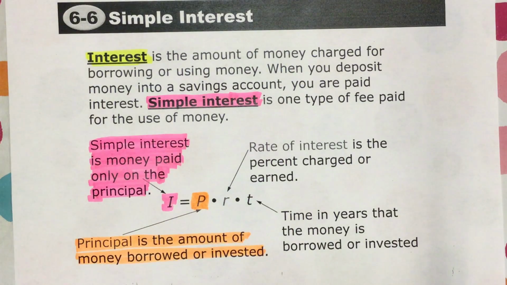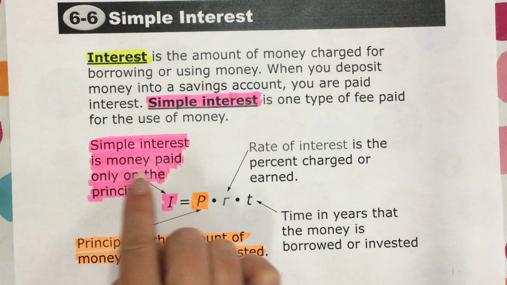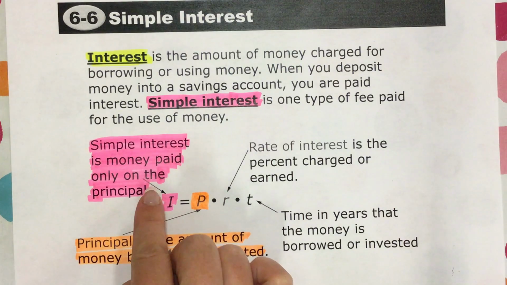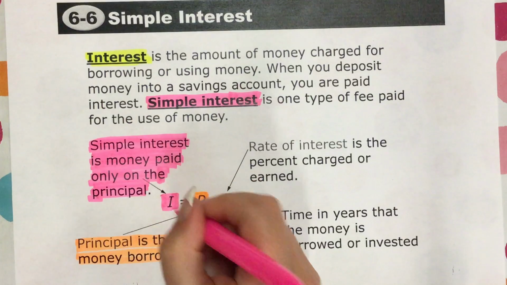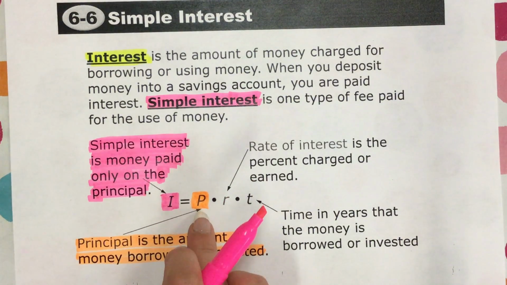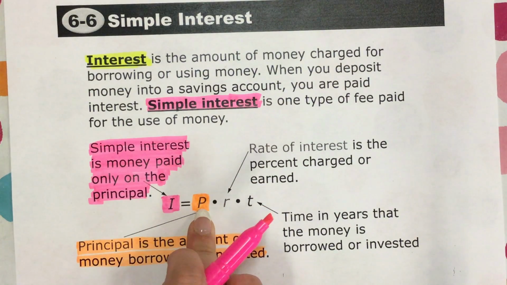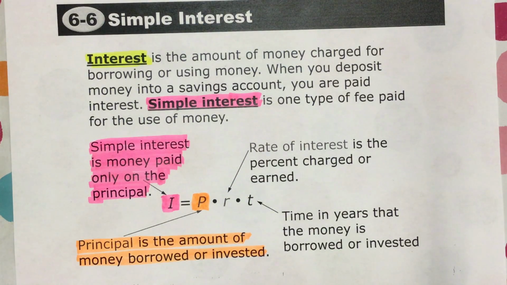So let's go back to the interest. Simple interest is the money paid only on the principal. What that means is this interest is only generated off of the original principal. Okay, the next thing is R, which is the rate.